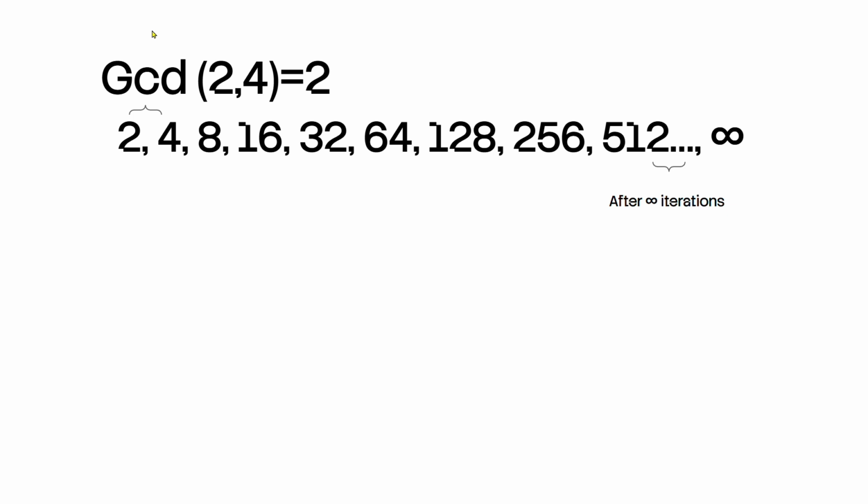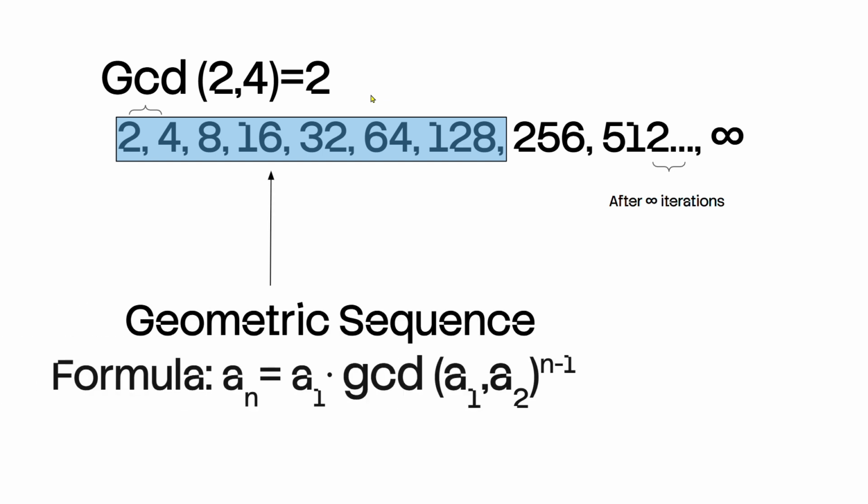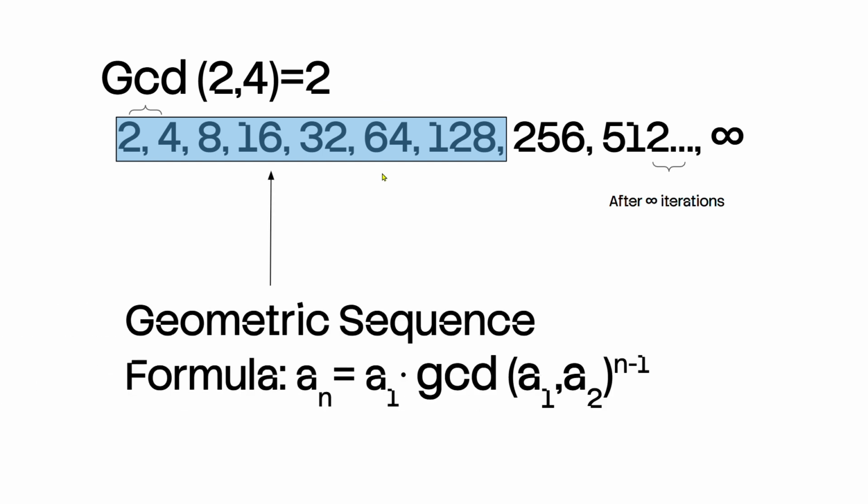The greatest common denominator function of these two terms, or any of these two terms, is 2. The formula for finding the next term, or any term in the geometric sequence, is A equals A subscript 1 multiplied by GCD(A1, A2) to the power of n minus 1.